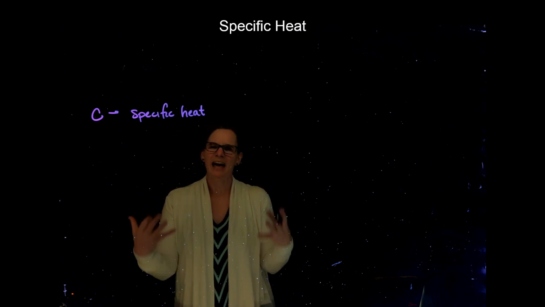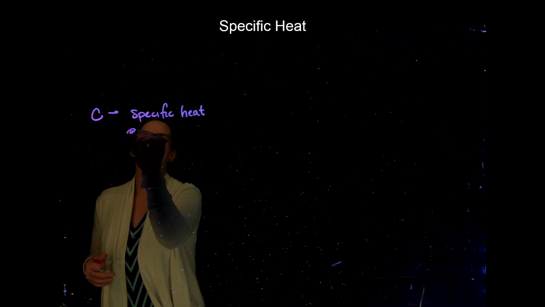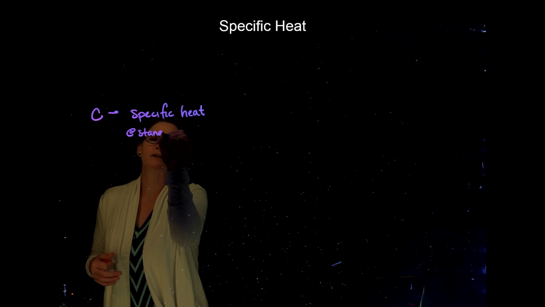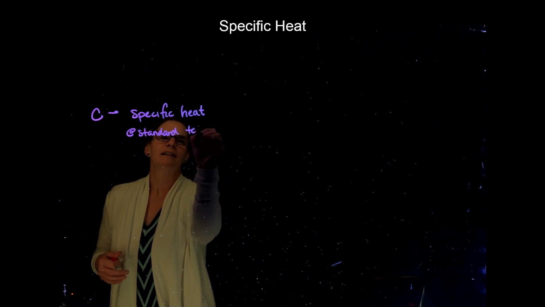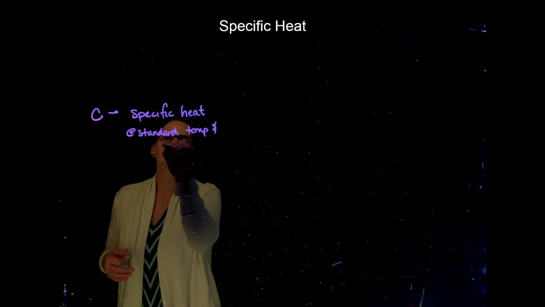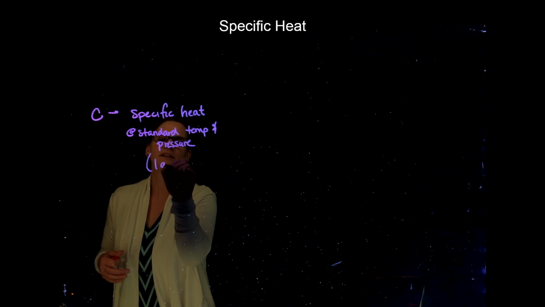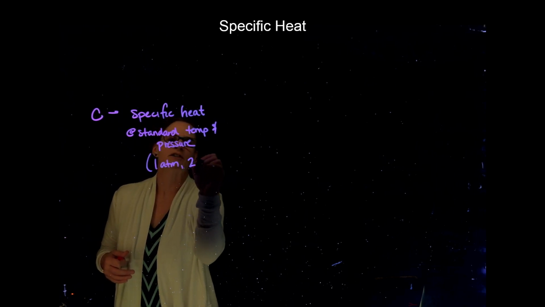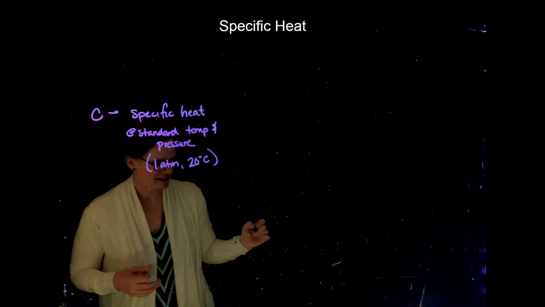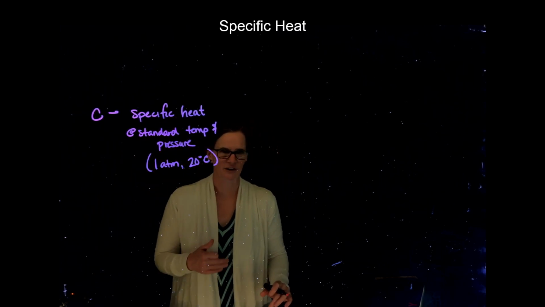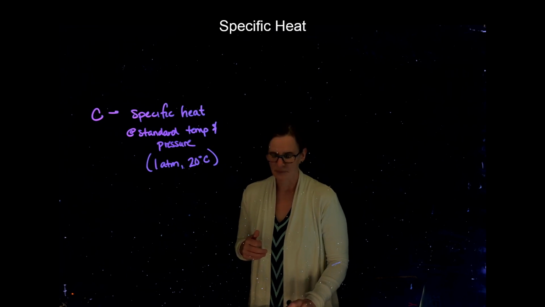And the value of the specific heat is at standard temperature and pressure. And that is defined, as we've mentioned before, as 1 atmosphere at 20 degrees Celsius. Okay, so our standard temperature and pressure is 1 atmosphere at 20 degrees Celsius.